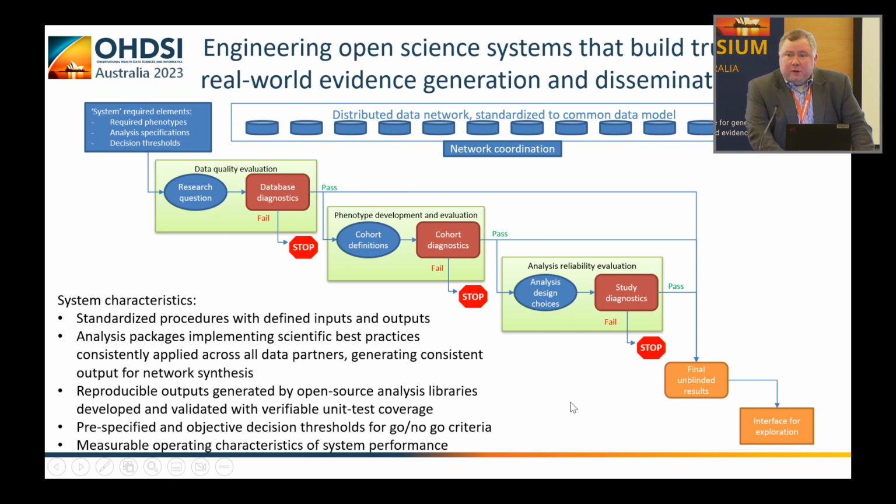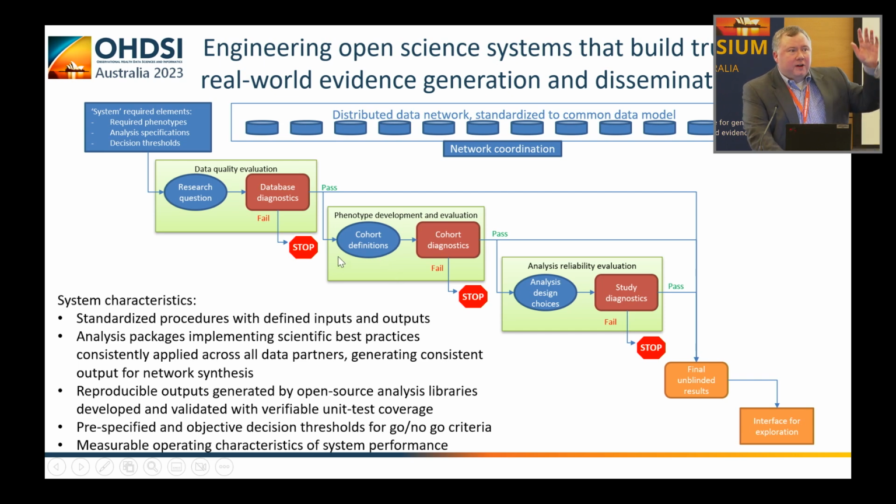The components that we've been talking about is that we want to be able to have diagnostics associated with identifying the databases that are fit for use, identifying how to create and evaluate cohorts. So today, Chan showed you how to create cohorts. We didn't get into the process of how to evaluate them, but there's a wide array of tools there.